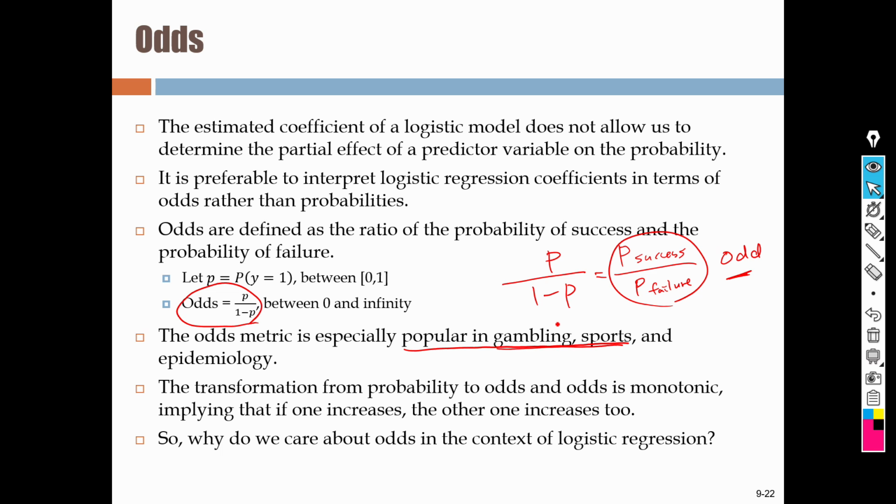So why do we bring odds to here? The transformation from probability to odds is monotonic. Monotonic means that when p increases, the other one increases too.